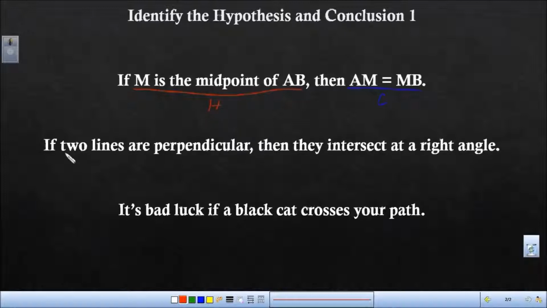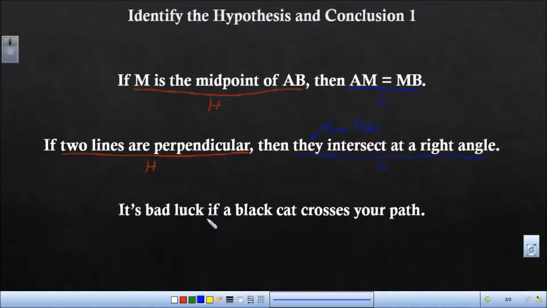Here the hypothesis of this second statement is two lines are perpendicular, and the conclusion is they intersect at a right angle. One thing here that we might want to talk about is the word they. The word they is a pronoun for two lines. So the conclusion is actually two lines intersect at a right angle.